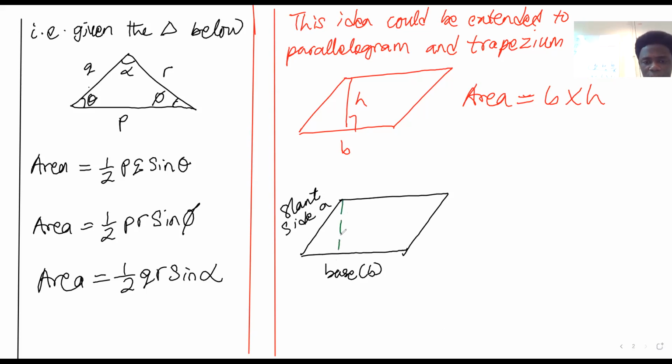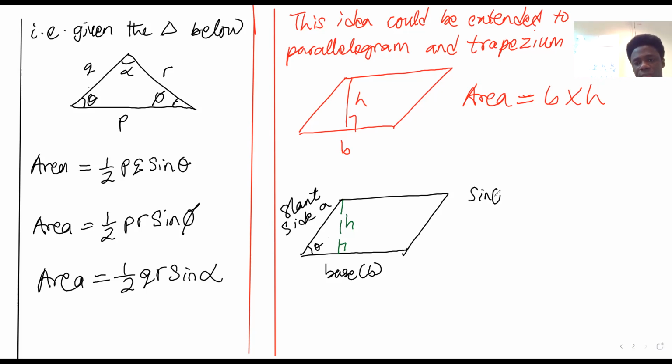You try to find your height yourself. Of course, when you're given that slant side, the included angle theta will be given as well. So that's like the replacement: instead of giving you base and height, you're given base and the slant side and the angle theta.